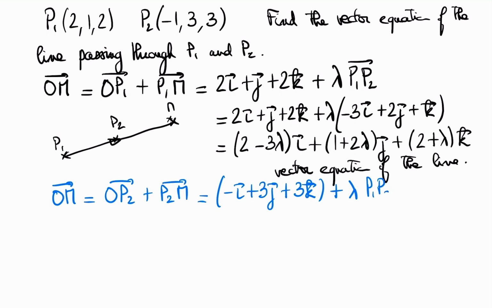So P1P2. Instead of using lambda, I'm going to use another letter. I'm going to use mu to show that they are different.